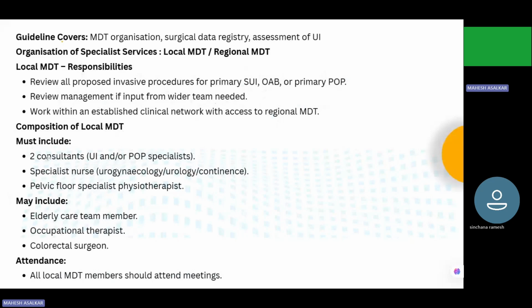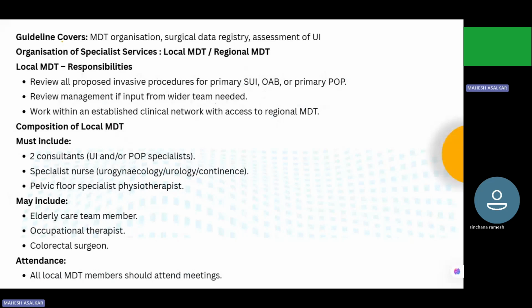So these two consultants may be specialists in managing the cases of urinary incontinence or managing the pelvic organ prolapse. Then there should be a specialist nurse, that is urogynecology, urology, or continence nurse. There is always a specialist nurse for oncology, for everything there is a specialist nurse. So you need to have one specialist nurse of urogynecology, urology, or continence, and a pelvic floor physiotherapist. So these are the must components for the local MDT.